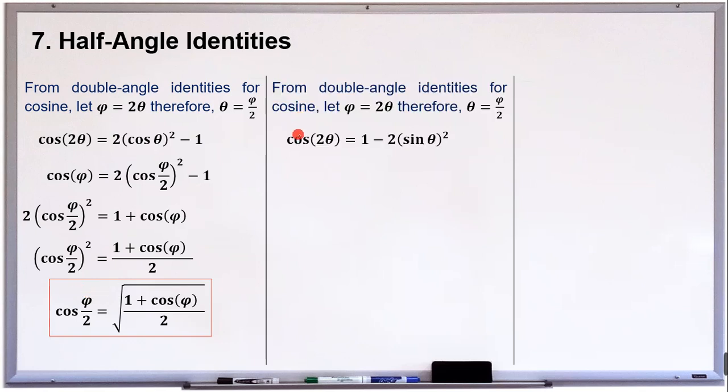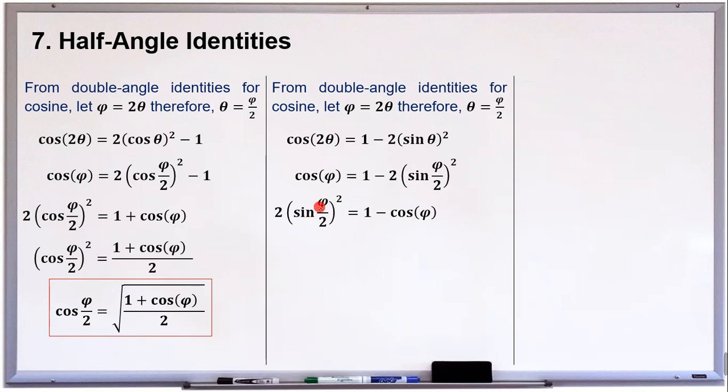We will use the cosine 2 theta, but this time, we will use the second form, which is 1 minus 2 sine theta squared. Next, substitute the expression for theta. So theta is equal to half of phi, and 2 theta is equal to phi. So we have cosine phi equals 1 minus 2 sine phi over 2 squared.